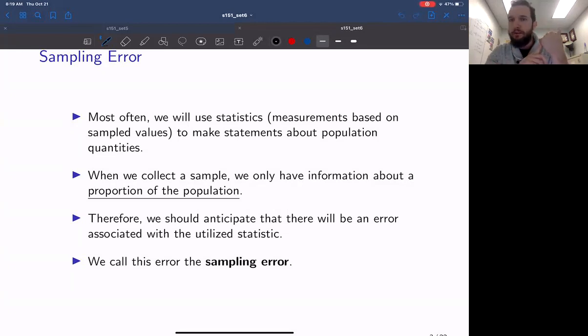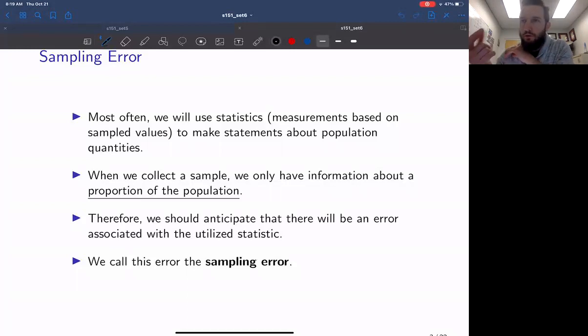In order to do this, you need to collect a sample, and then from the sample, you need to build an estimate. So if we want to estimate the average GPA score of all university students in the country, based off of our sample, the most reasonable value to compute would be the sample mean of GPA scores of the students that we have actually observed.